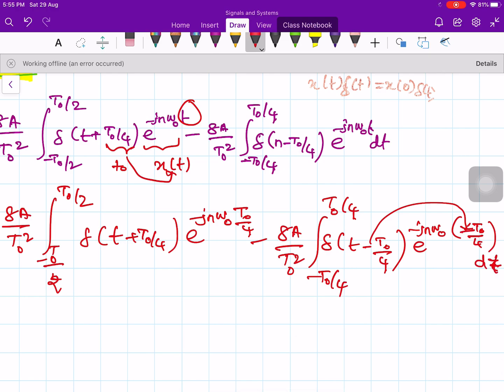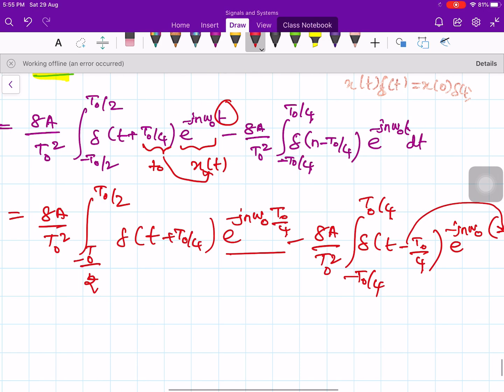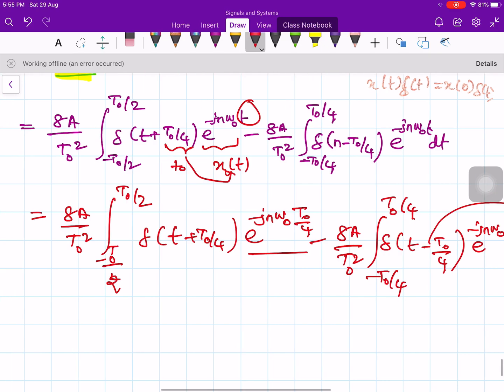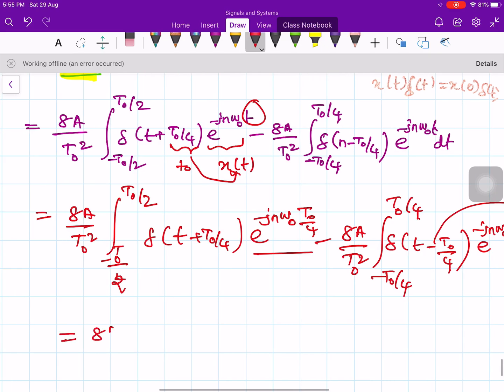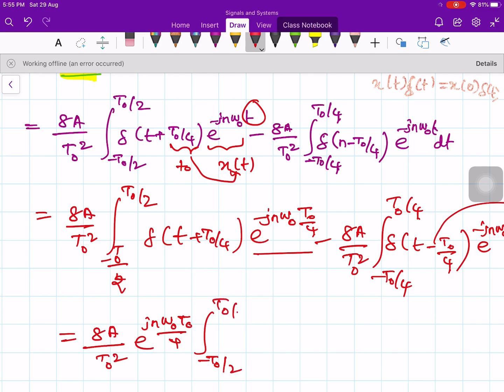Now this is a constant you can pull out of the summation. Okay, so 8a divided by t naught square, e to the j n omega naught t naught by 4, integral of minus t naught by 2 to plus t naught by 2, delta of t plus t naught by 4 dt.